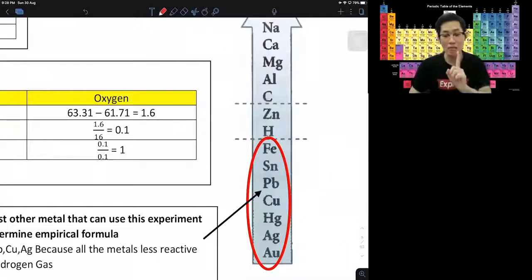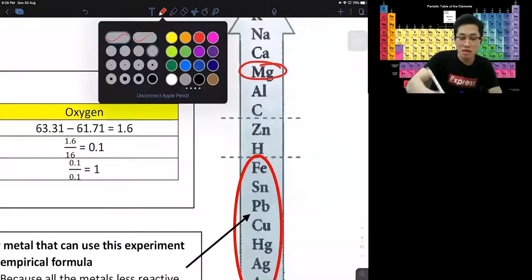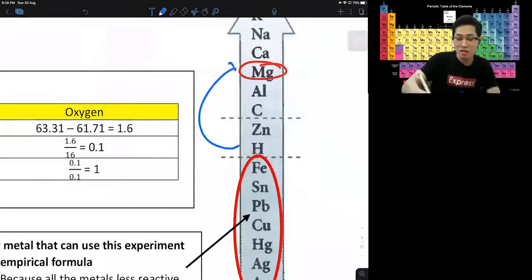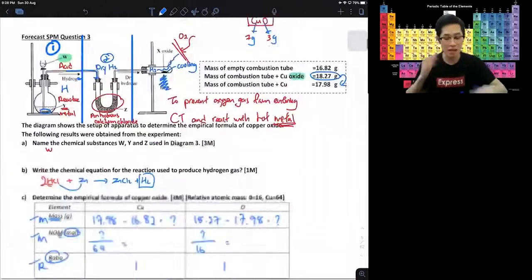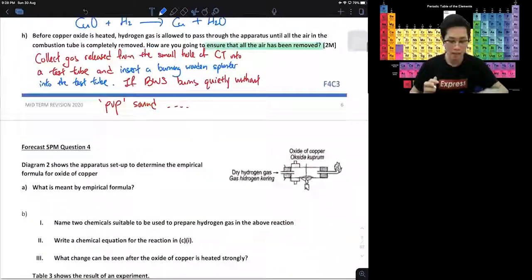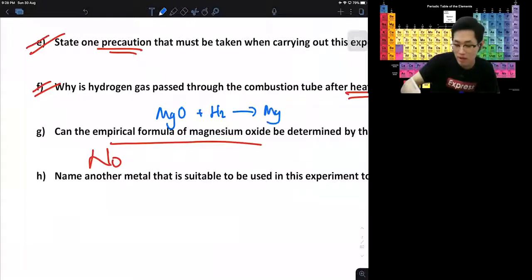Okay, because you see, this experiment number 1 is using hydrogen to steal away the oxygen. We cannot use magnesium because magnesium is higher than hydrogen. That means hydrogen is less reactive than magnesium. They are asking you whether you can use H2 to steal away the oxygen from Mg to form MgO and H2O.